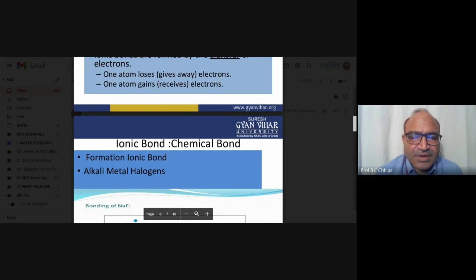So group 17 and group 1 combine with each other, and stable ions are formed.